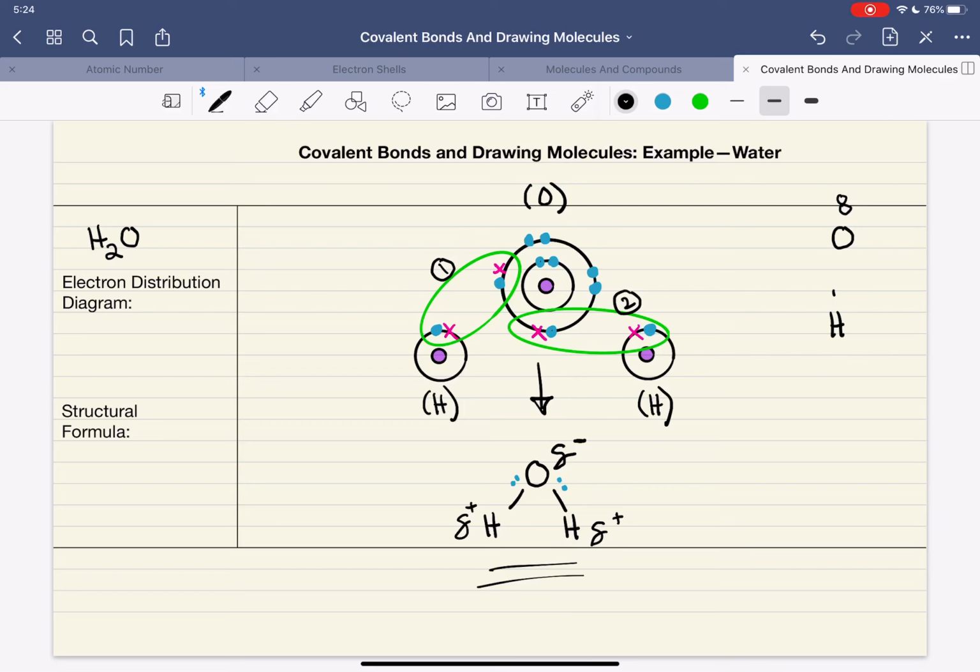Okay, it has the tendency and the capability to stick to other things that are of opposite charge. So the oxygen, which is negative, can stick to something that's positive. And vice versa, the hydrogen, which is positive, can stick to something that's negative. So keep that in mind. That's a very unique property of a water molecule, to have charge.